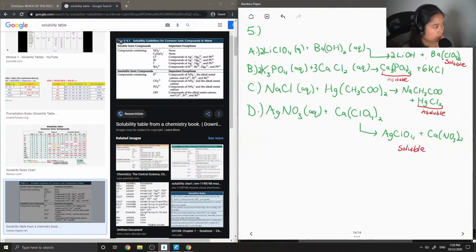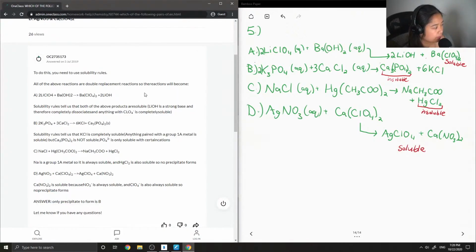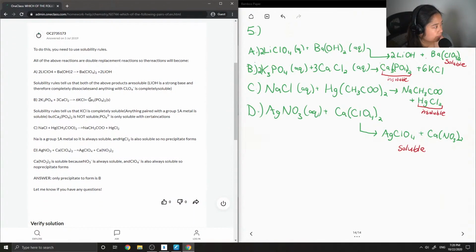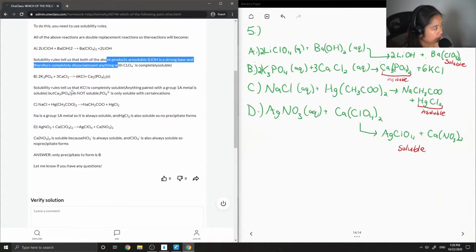Okay, so let's see what our junior tutor said. So A is soluble. And then they also got that the calcium phosphate is not soluble.